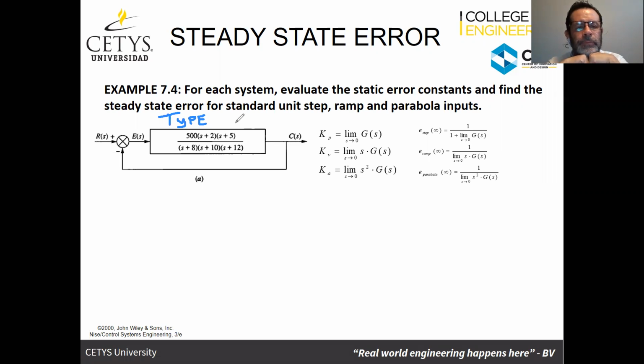Remember that the type has to do with the S in the denominator of the forward transfer function. Anybody? Type 2. Type 2, why? Because the denominator has 2 s's.